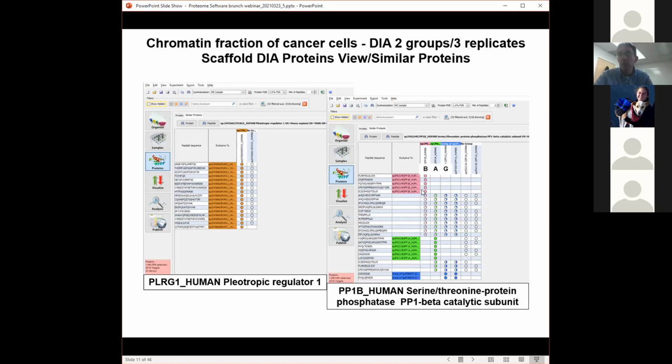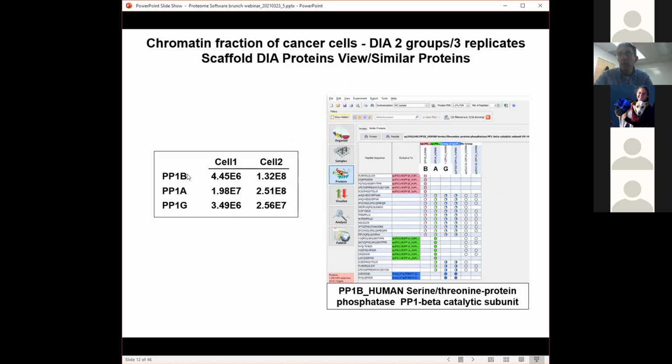Well, why does this matter? Look at the exclusive intensities. These are the summed intensities for all of the peptides assigned to the protein. And you see that there's a very large difference between the quantity of A and B and G, and then a different proportion in the two cells.